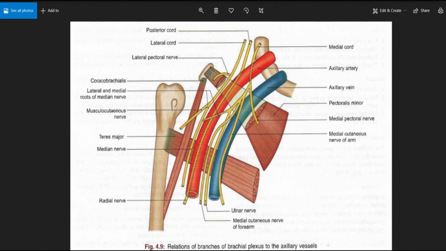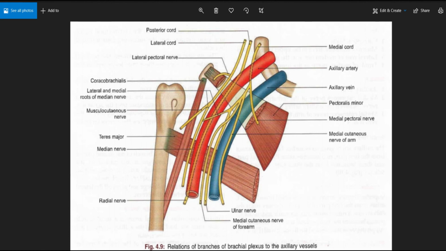What about the medial relations? Obviously the axillary vein would always be there, but we're interested in the brachial plexus relations. So medial chord branches are more or less the medial relations, except the medial root of the median nerve, which is an anterior relation. We have the ulnar nerve over here.